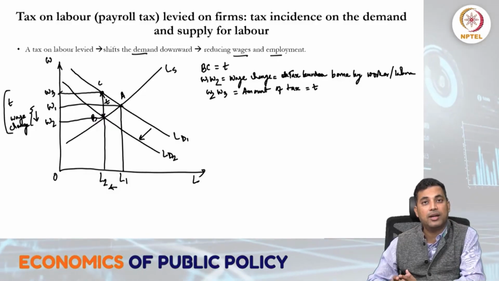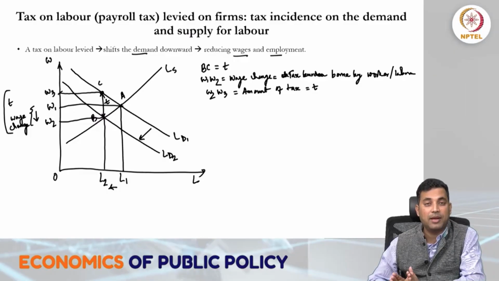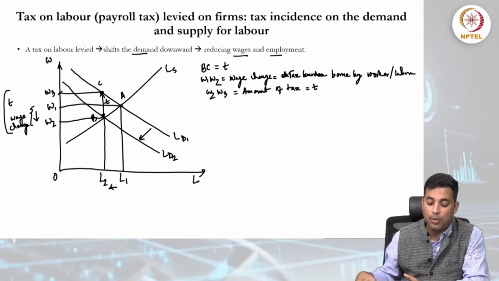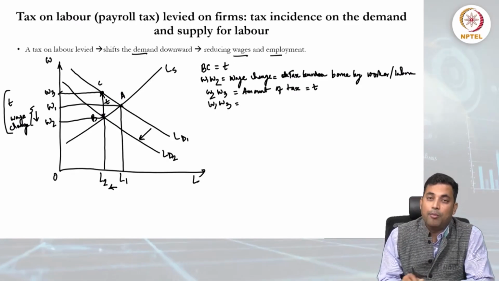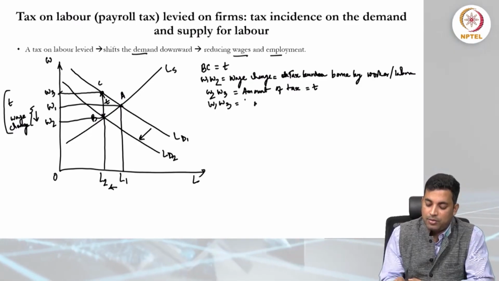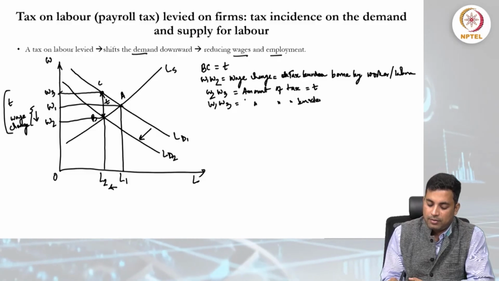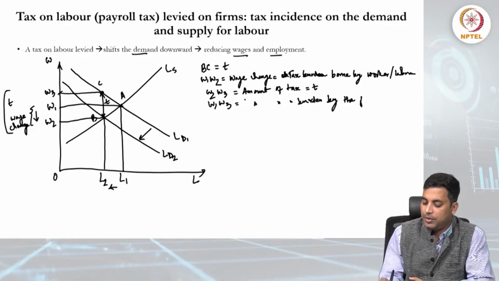This is how the imposition of the tax will be borne by the workers, and also some of the amount, like W1 and W3, will be borne by the producers. The amount of the tax burden is borne by the producers.